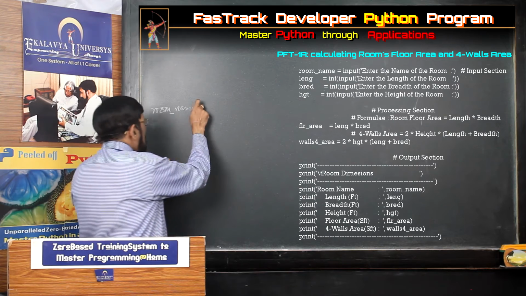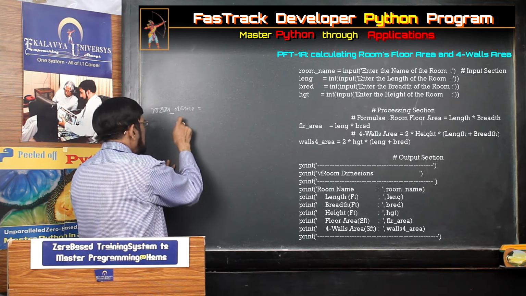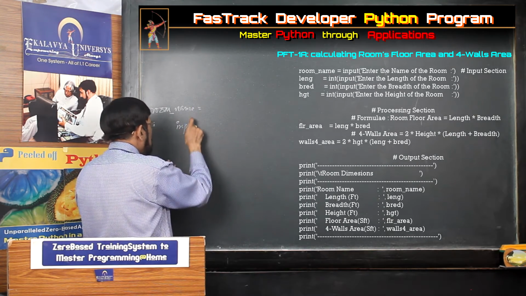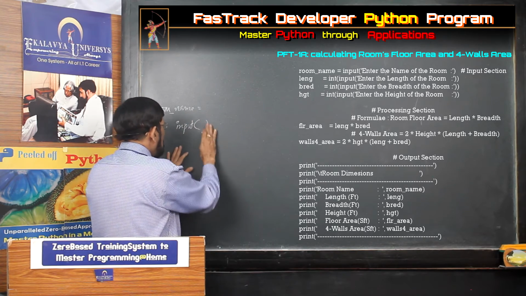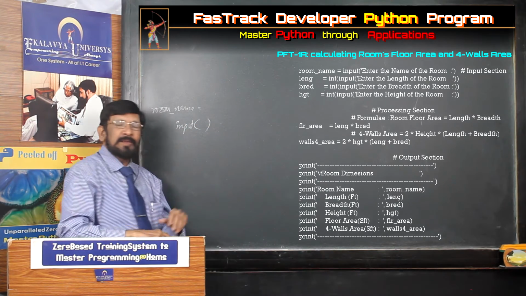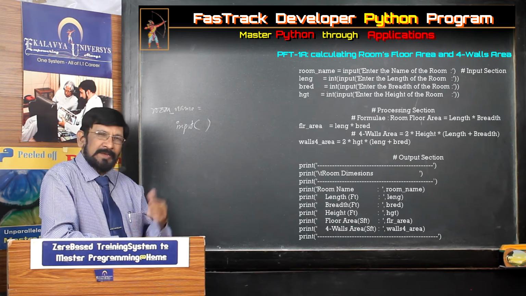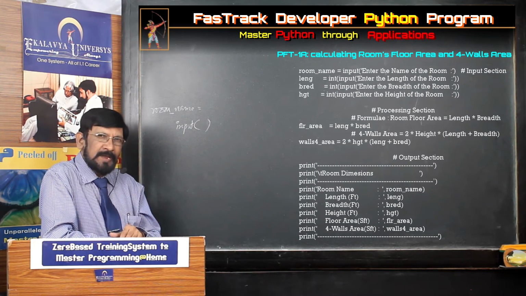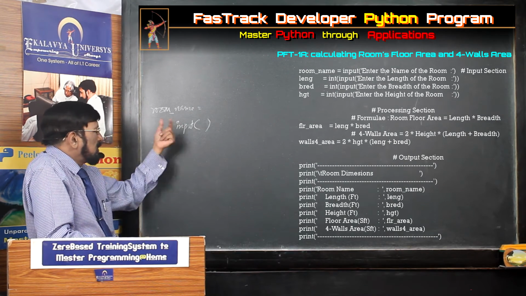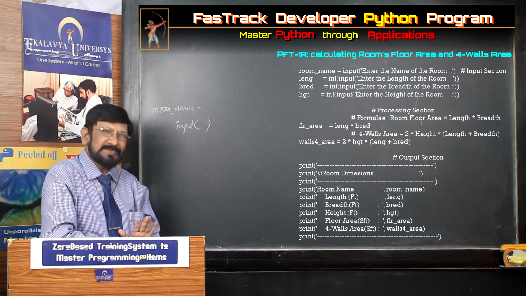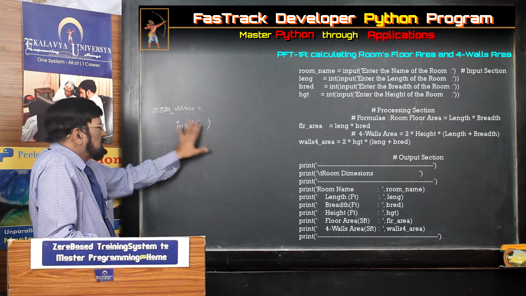Okay. Now, actually, we have to input. For input purpose, we have a function called the input function. This is like the scanf function in C language. If you know C language, it is like the scanf function, but it is much simplified. Input is the function.